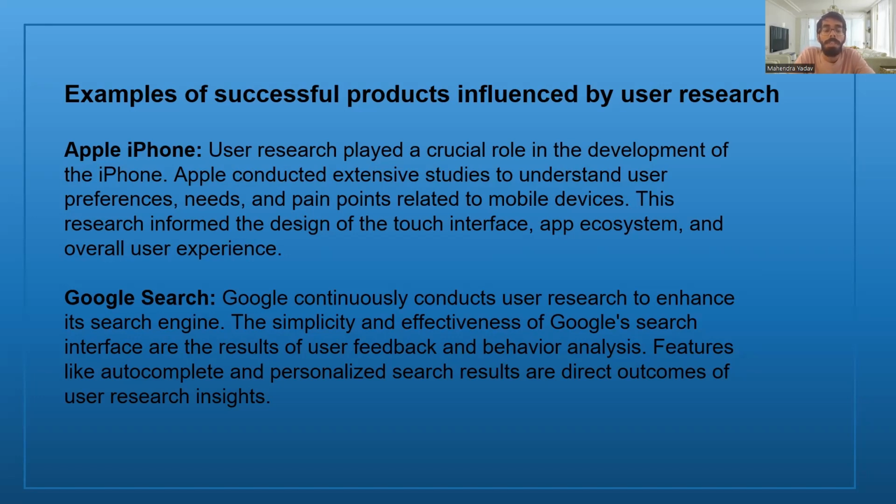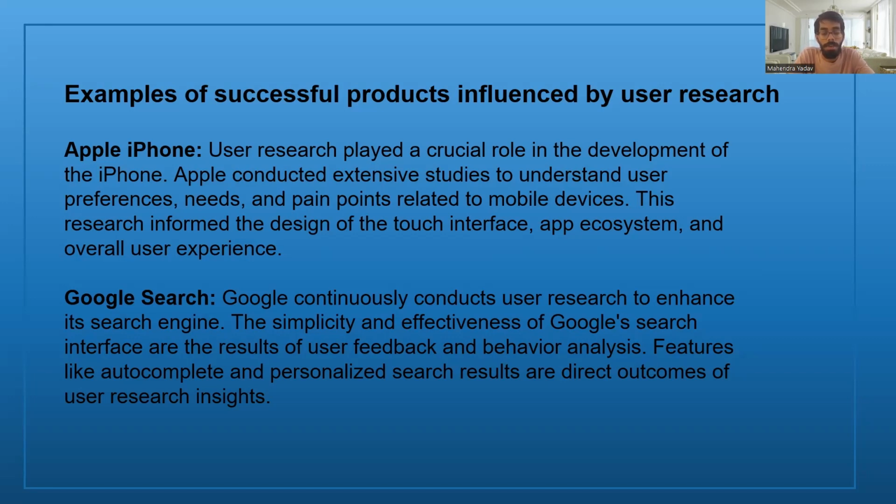This research informed the design of the touch interface, app ecosystem, and overall user experience. Second, Google search. Google continuously conducts user research to enhance its search engine. The simplicity and effectiveness of the Google search interface are the results of user feedback and behavior analysis. Features like autocomplete and personalized search results are direct outcomes of user research insight.